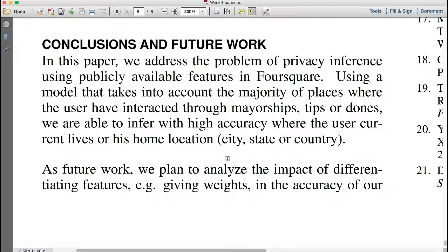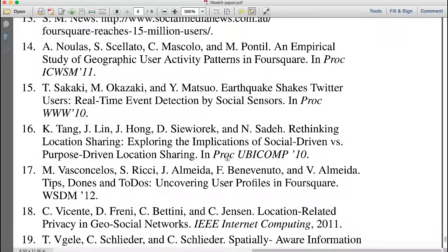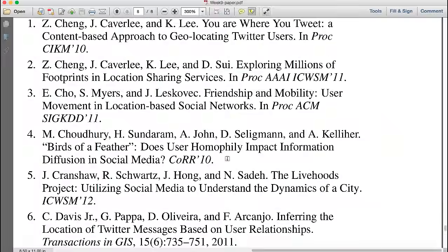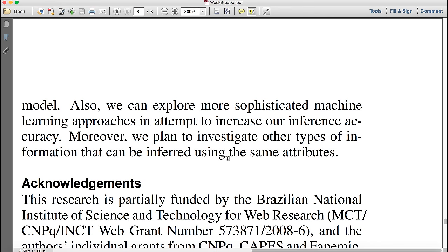And of course, in the paper structure, you finish off with the conclusions and future work, and probably some limitations, if there are any limitations in the data, methodology, or the paper.